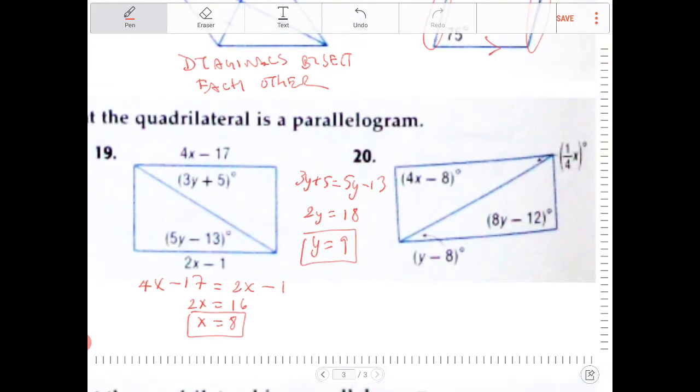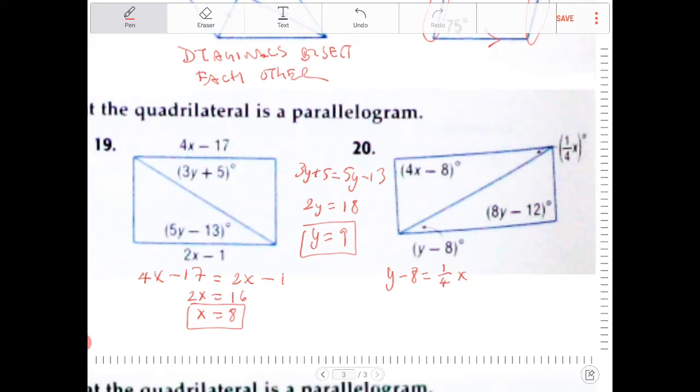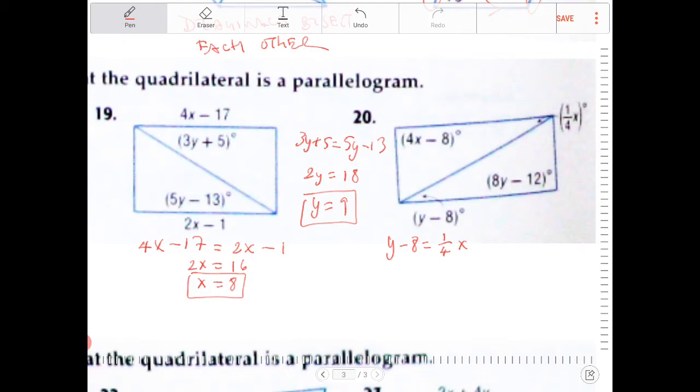Next, alternate interior angles are congruent, so we say y minus 8 is equal to 1/4 x, and we say that the opposite angles are congruent, so 4x minus 8 is equal to 8y minus 12. So what is this? I multiply both sides by 4.